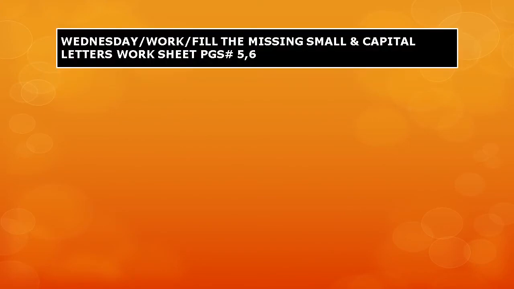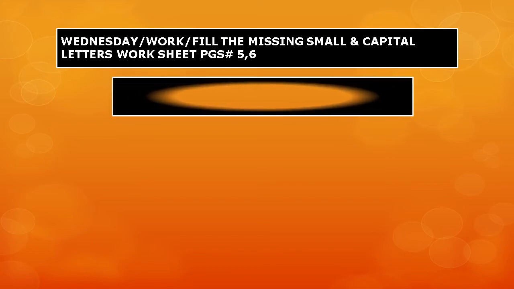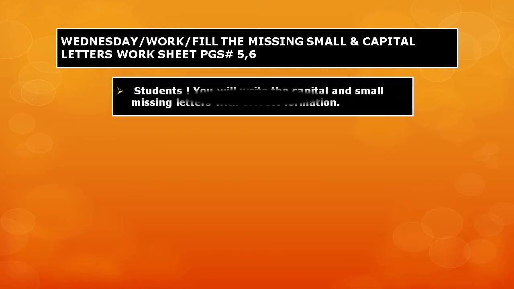Next day is Wednesday. Wednesday work, fill the missing small and capital letters worksheet pages number 5 and 6. So student, you will write the capital and small missing letters with correct formation.